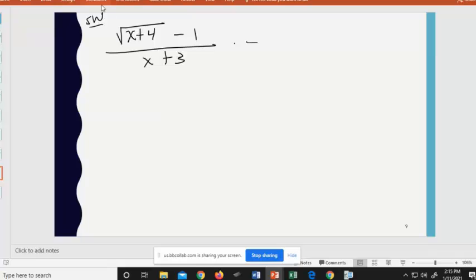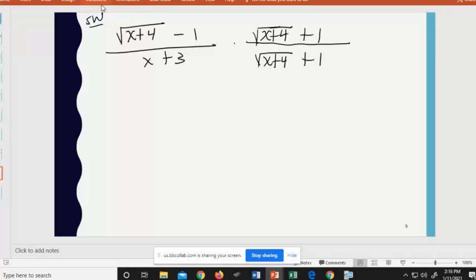We're going to multiply by maybe the conjugate of this. The only thing that changes is the sign in the middle. So we'd multiply by the square root of x plus 4 plus 1, in both the numerator and denominator. That way it doesn't change the value of the expression.